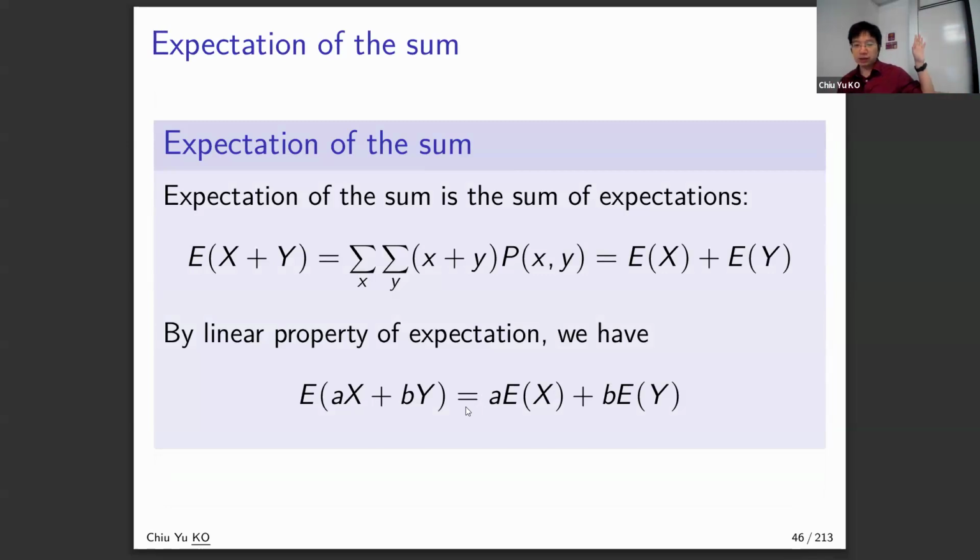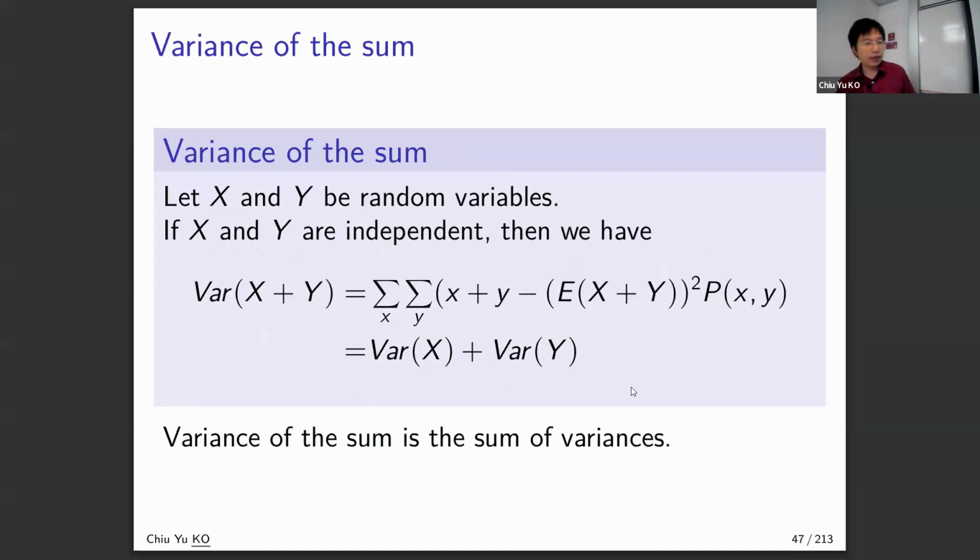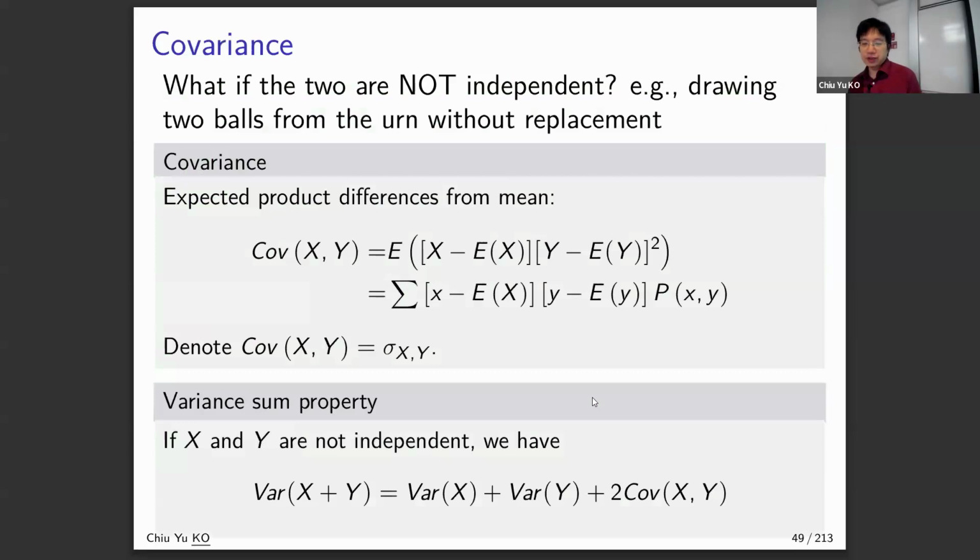The expected value of the sum is the sum of the expected values. And if they're independent, then the variance of the sum is the sum of the variances.